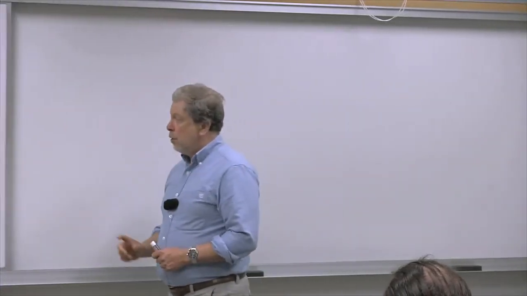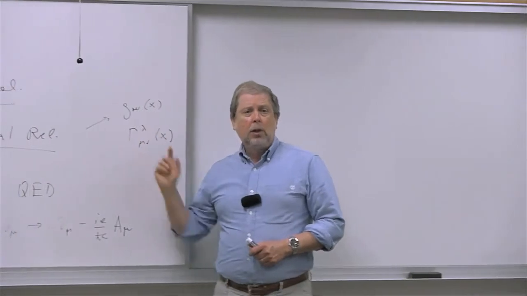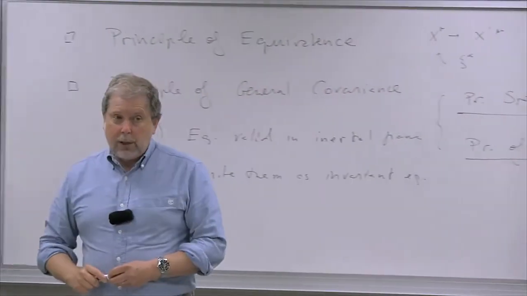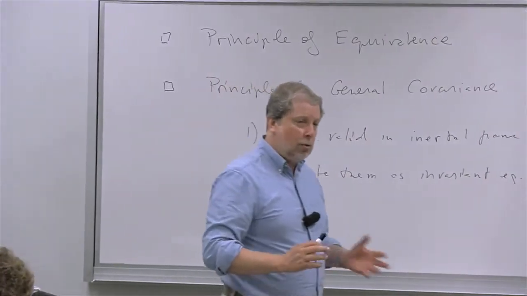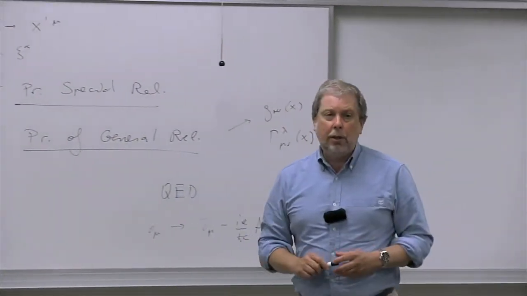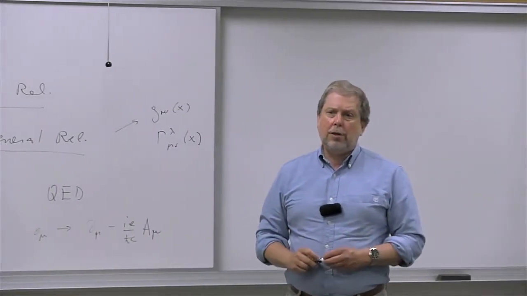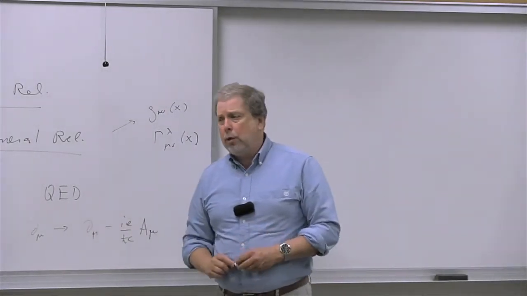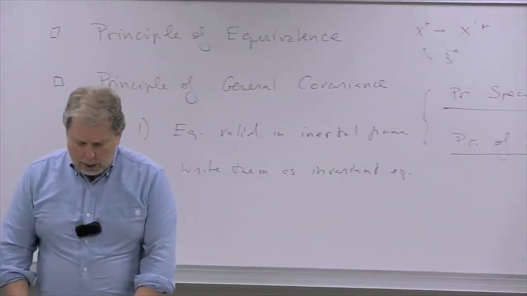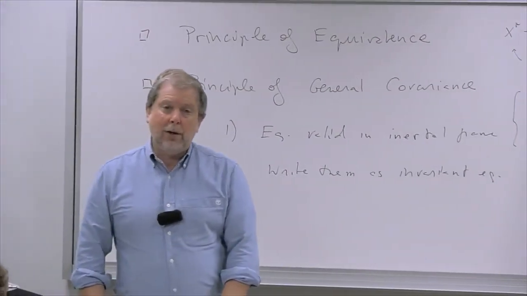And so that forces you to introduce gauge fields, right? And so we are going to use this principle of general covariance to construct equations which are invariant under this new symmetry, which is general coordinate transformations, and that is similar to what we do in QED, where also we want to have everything to be gauge invariant, right?